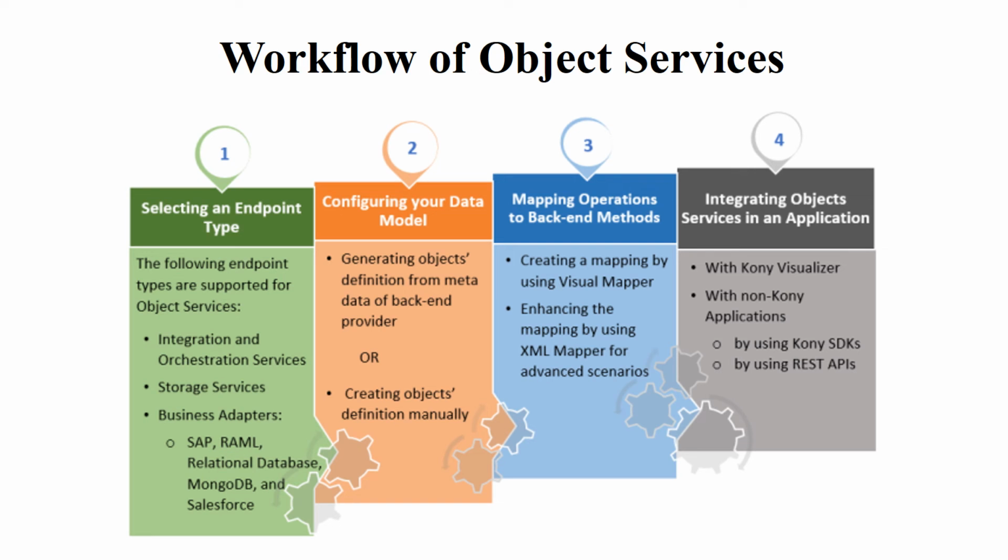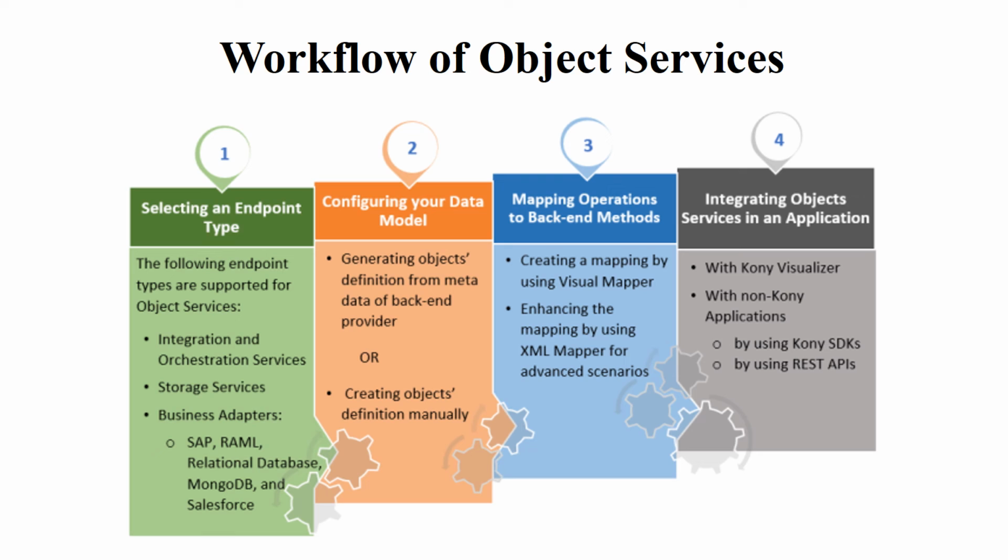Visual mapper will show all the components, and you can just click and drag the operation into the system. Second one is enhancing the mapping by using the XML mapper for advanced scenarios, where the XML mapper can be used for a specific function. And the fourth one is integrating object service in an application.